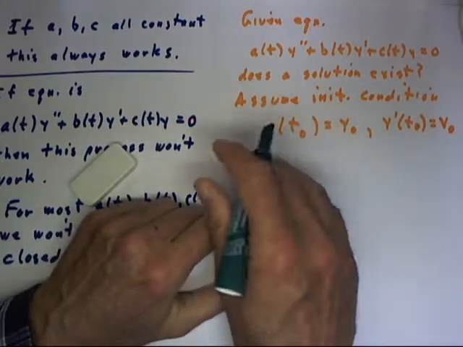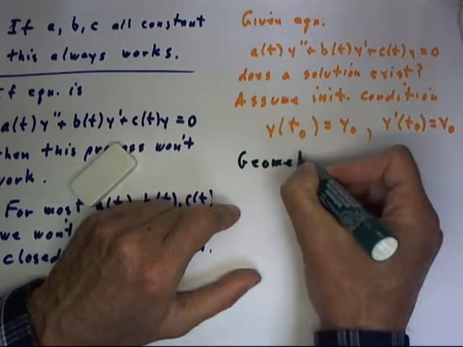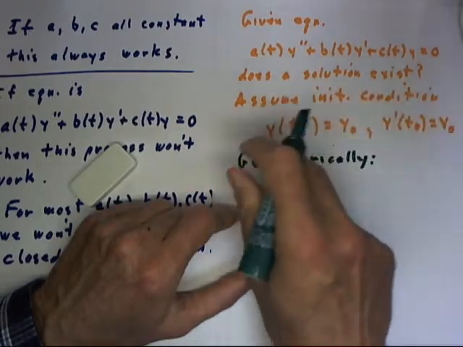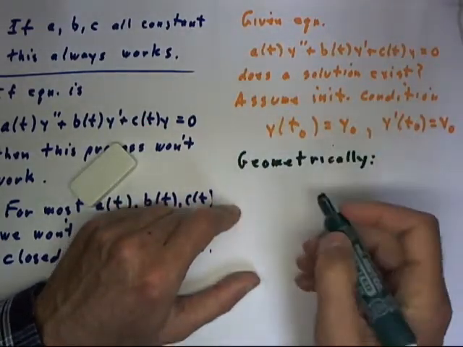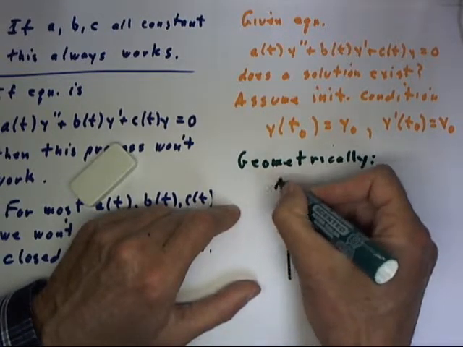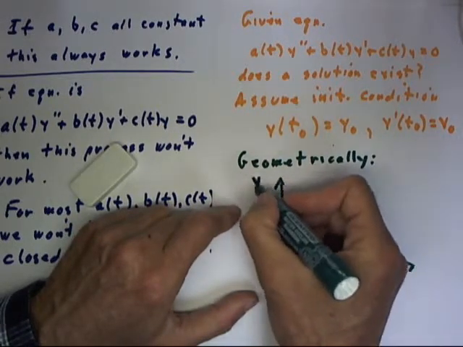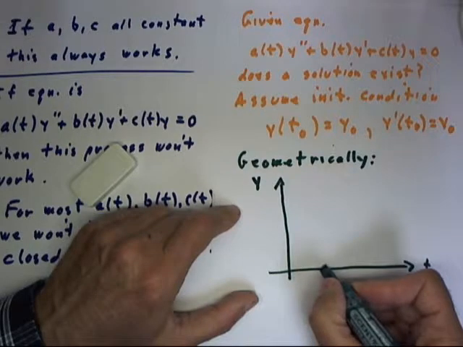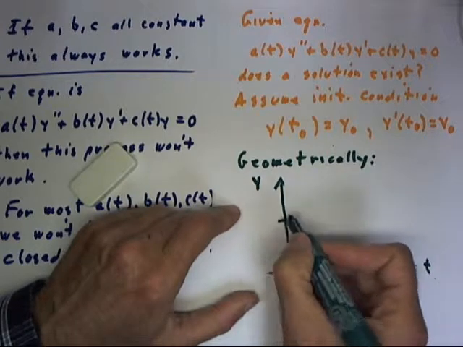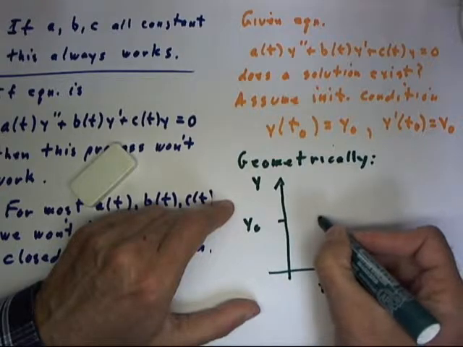Now we want to first consider this question geometrically. What does it mean to have a differential equation with initial conditions? Well, geometrically, this simply means that we have a graph of y versus t. We have some coordinate t naught at which the solution function takes the value y naught.